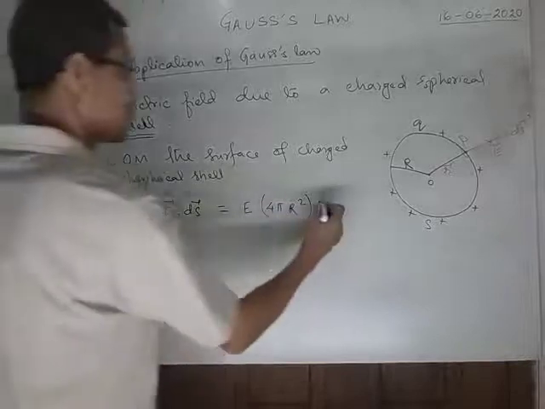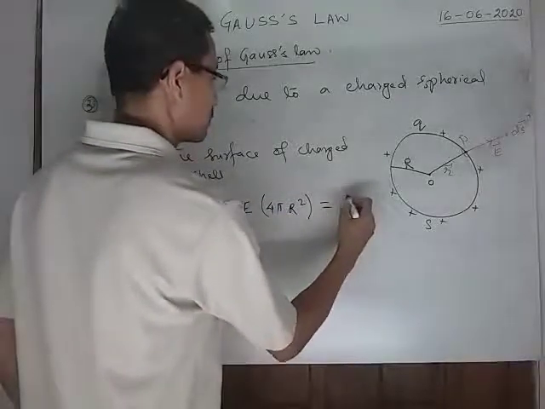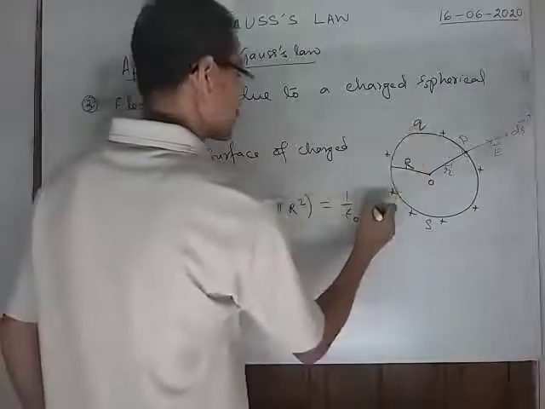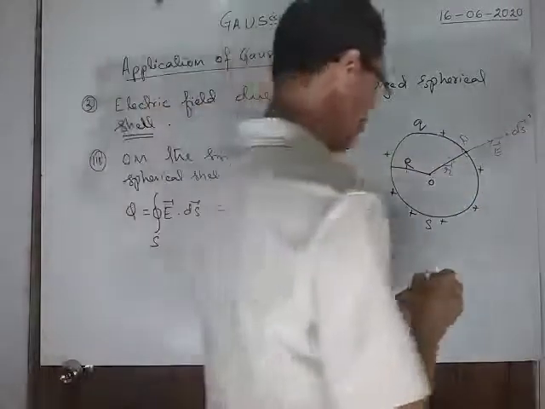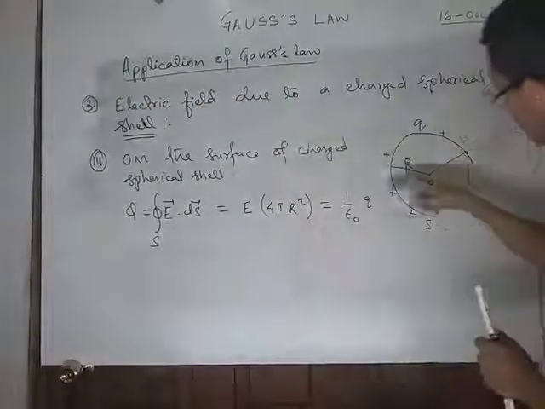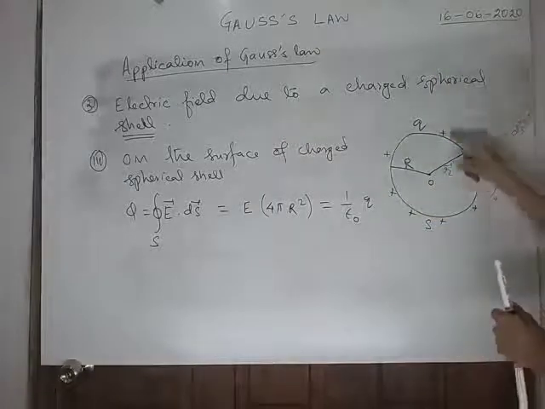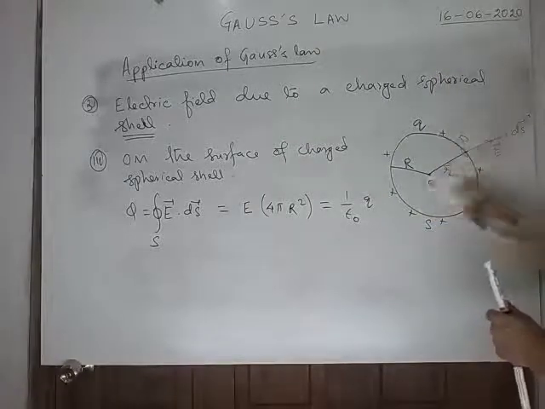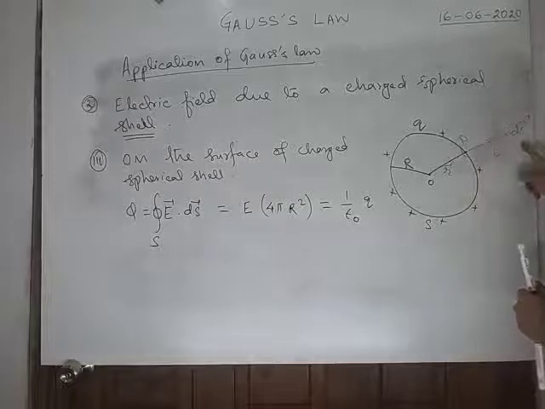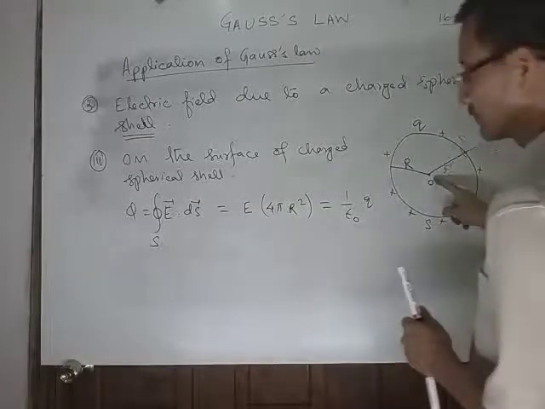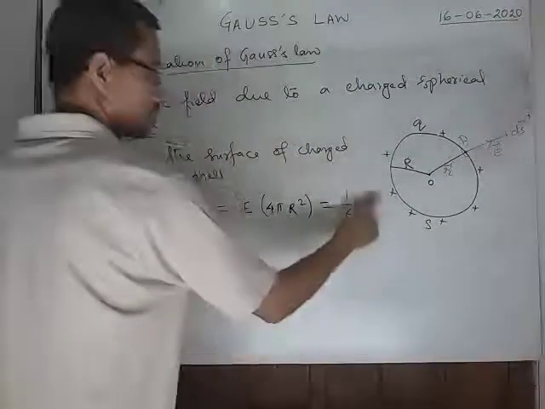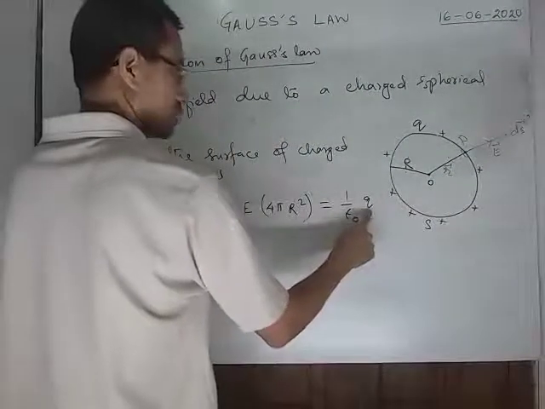So this will be equal to 1 by epsilon naught times the charge enclosed by this surface. So we have to take it that the Gaussian surface has the charge enclosed, and outside the surface we take it that the whole charge is residing at the center. So the charge will not be equal to 0, rather this will be Q.